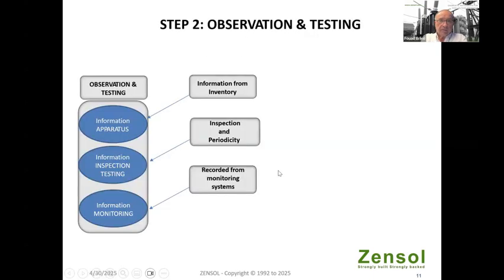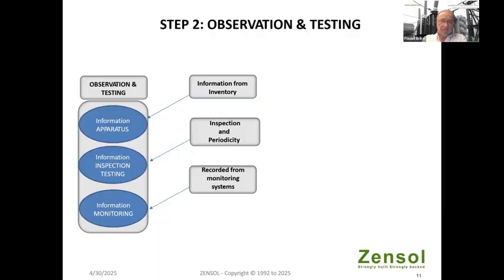Step 2 is the observation and testing. This is divided in 3 sections also. First, of course, the information on the apparatus that you have taken from the first step, which is the list of your inventory. Second is the inspection and testing. By inspection we mean periodicity testing.